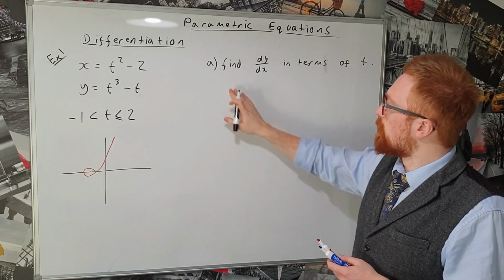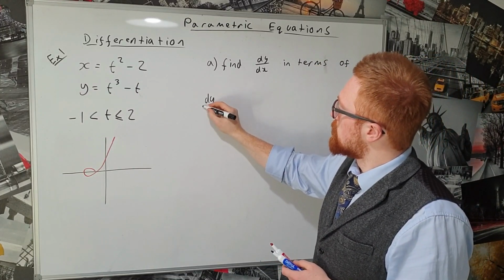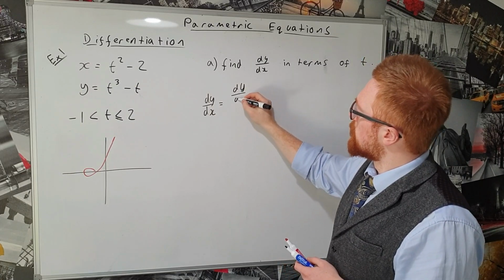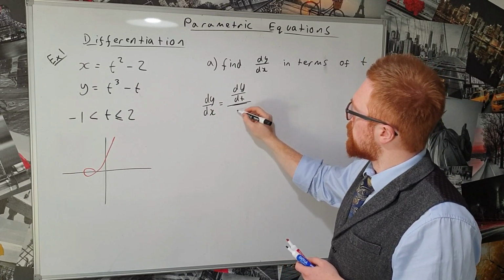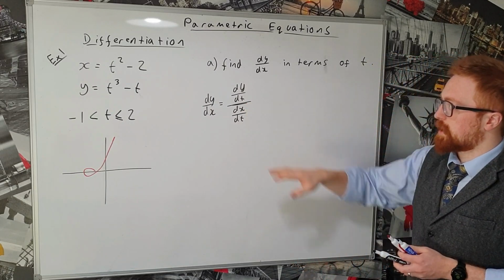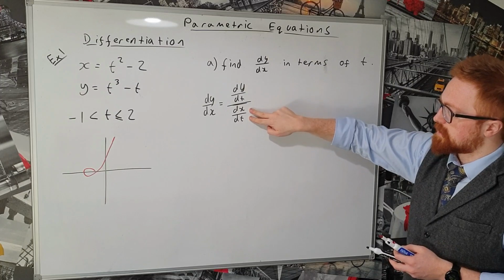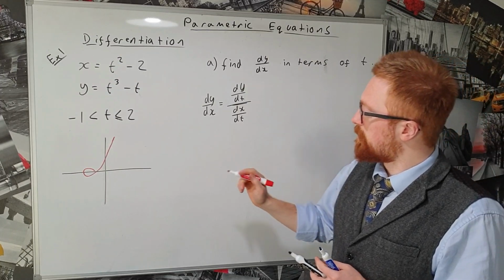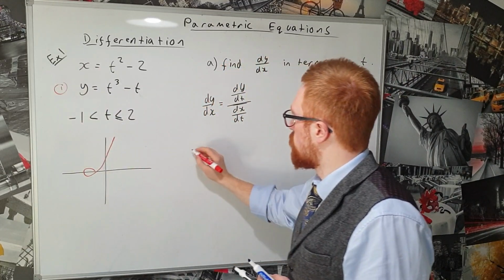So you remember that dy/dx is equal to dy/dt over dx/dt. So our strategy is going to be to find dy/dt, to find dx/dt, and then substitute them into this formula. So let's look at equation 1.